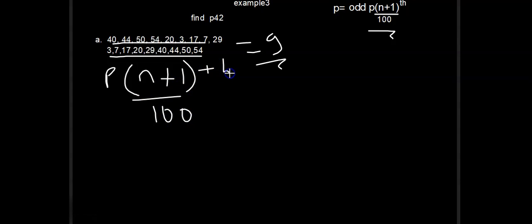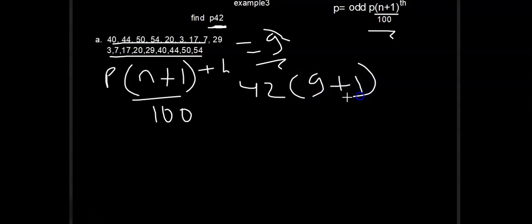It says find the value of p42. So since I got this 42, I'm just going to say 42 times by n plus 1, where n is 9, so 9 plus 1, and the whole over 100. So this will be 420 because 9 plus 1 is 10.